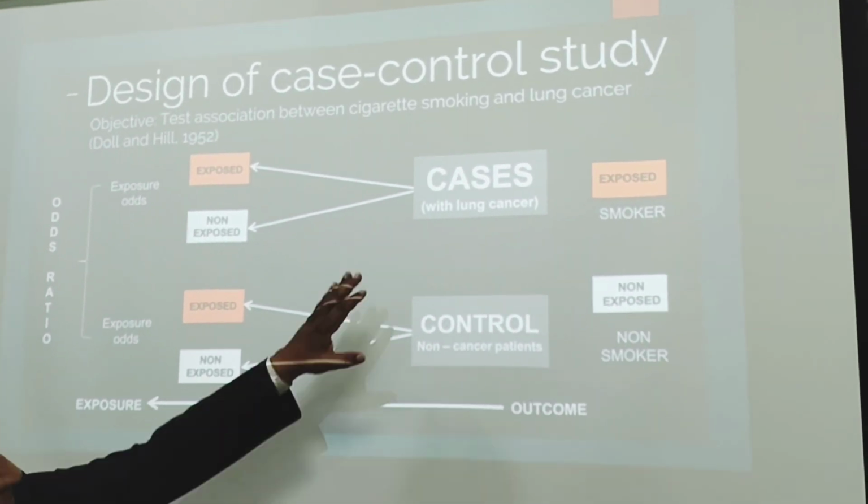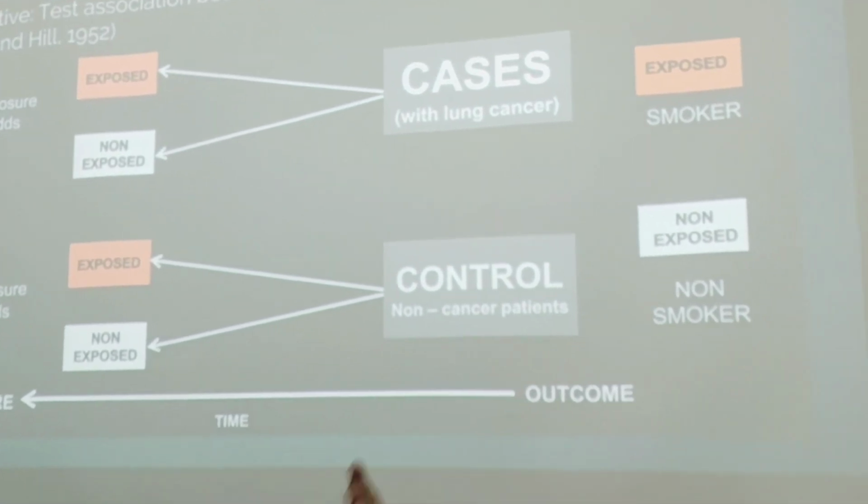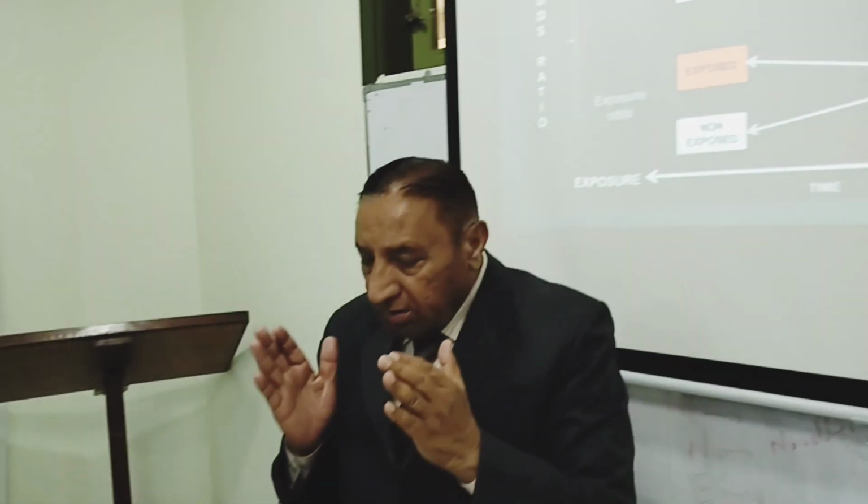So there are cases with disease and controls without disease, but the source population should be the same. Both should be from the base population or the same situation. Suppose in Pakistan you are conducting a case control study, then your control should also be from Pakistan, not from other countries, because the other parameters are the same. Next please.